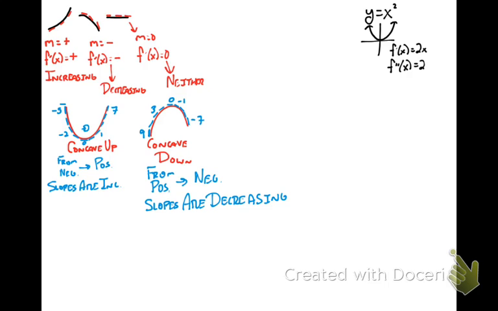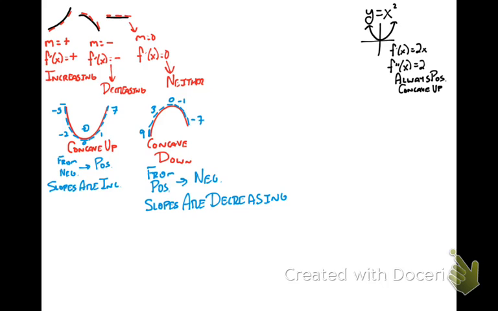And this means that the second derivative is always positive. It will never be negative. And since the second derivative is always positive and can't be negative, this tells us that our graph, or confirms what we already know, that the graph is always concave up. So whenever the second derivative is positive, the graph would always be concave up, because it tells us that the slopes are just increasing in value.